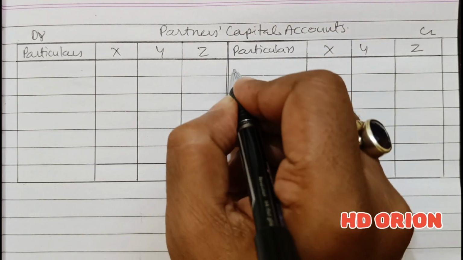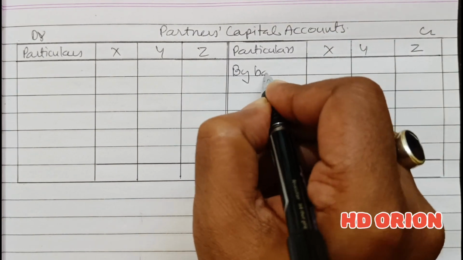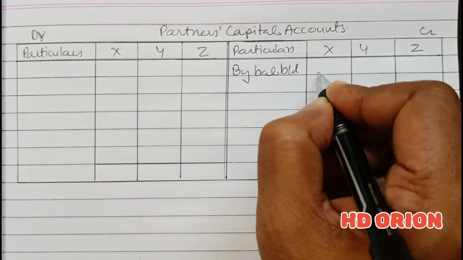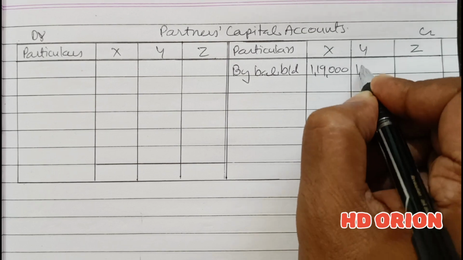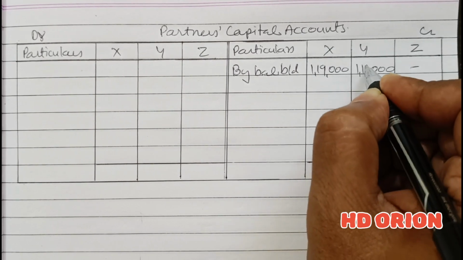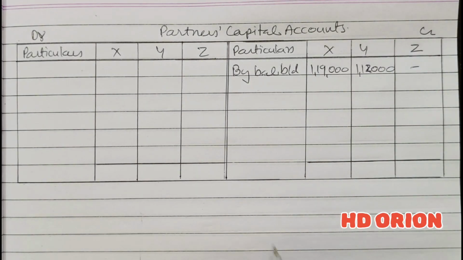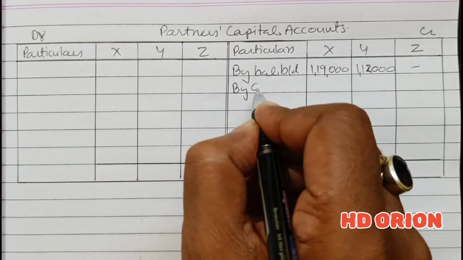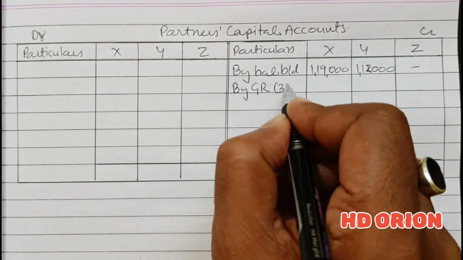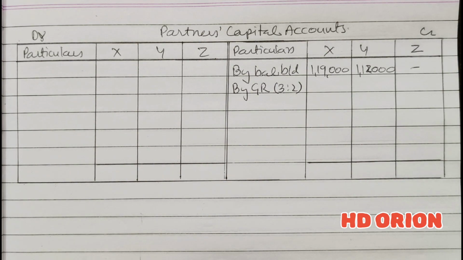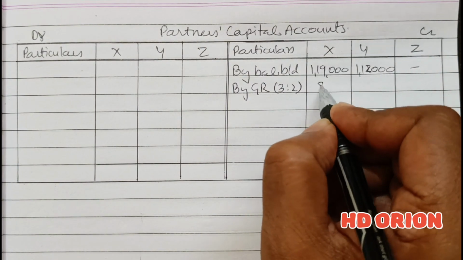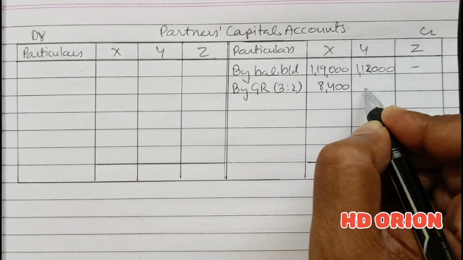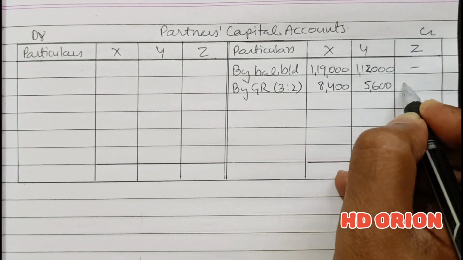In partners' capital account, first we will write by balance brought down as given in the balance sheet, rupees 1,19,000 and rupees 1,12,000. Then there is general reserve, which will be given to the partners in their old profit sharing ratio. 14,000 broken in this ratio is 8,400 and rupees 5,600.